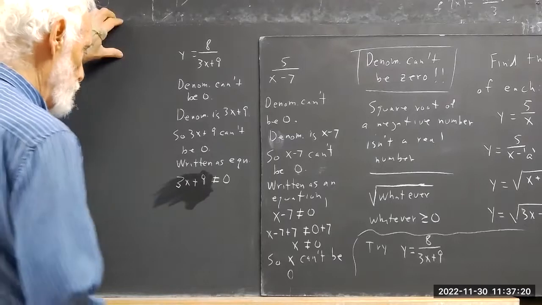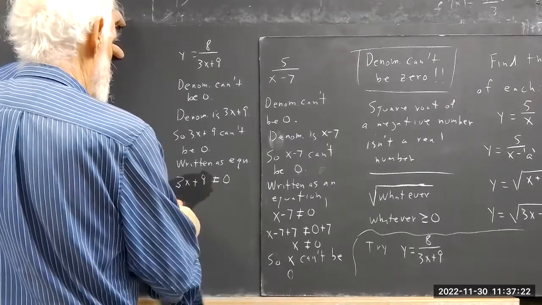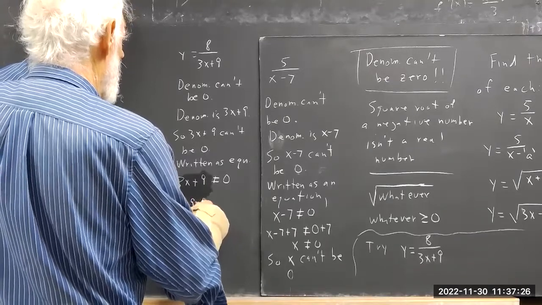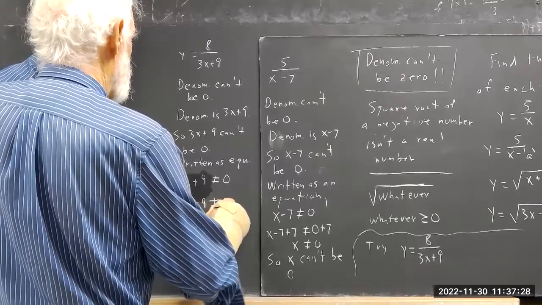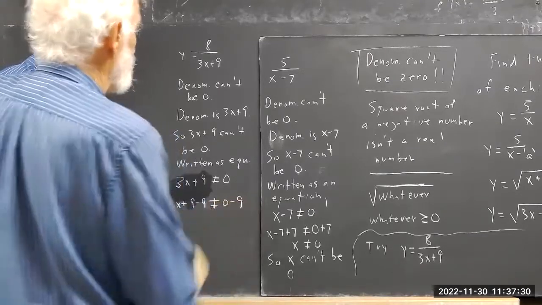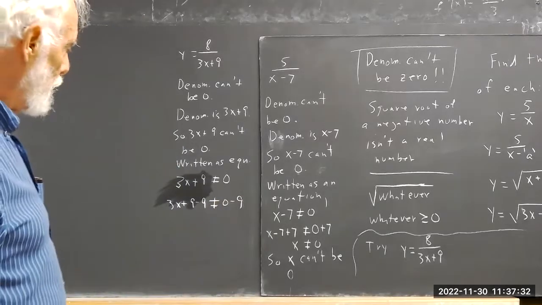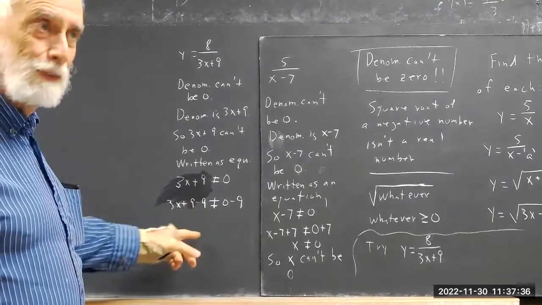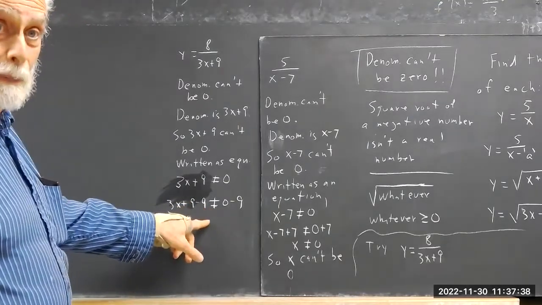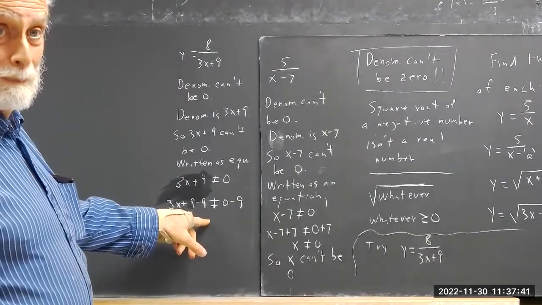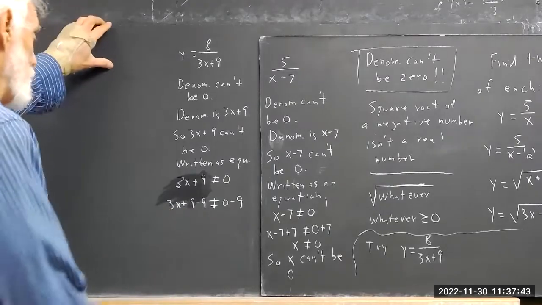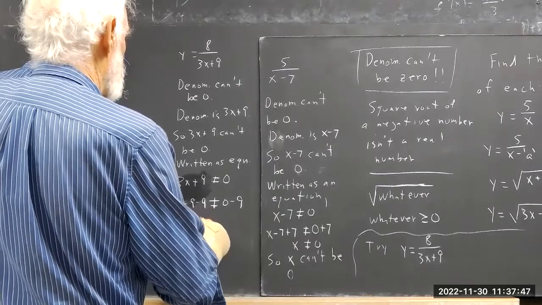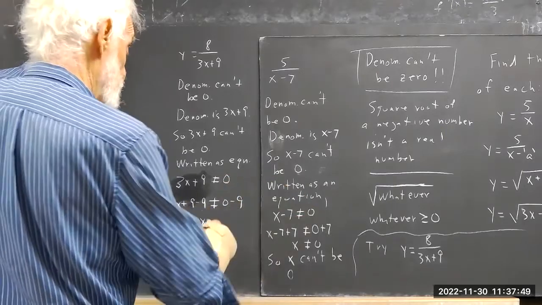That's a really bad 3. Well, that means then that 3x plus 9 minus 9 is not equal to 0 minus 9. Now, at this stage, the majority of the class wrote x can't be 0. That doesn't follow from this equation. This is just like an equation, it's a non-equality. 3x plus 9 minus 9 is just 3x, because 9 minus 9 is 0.